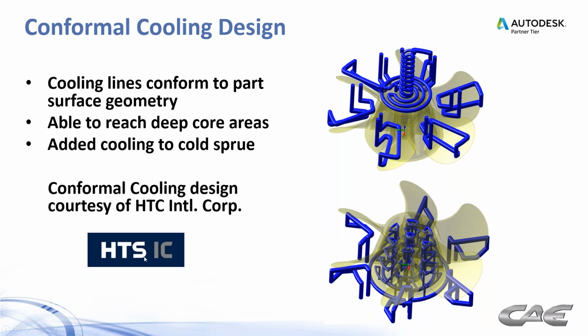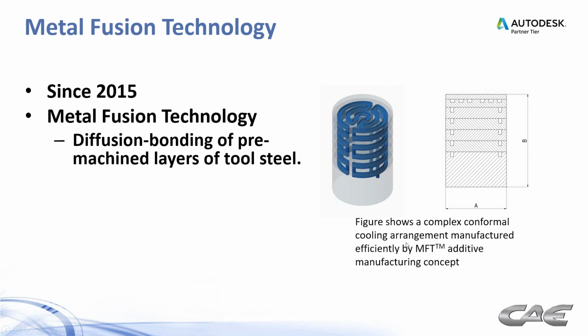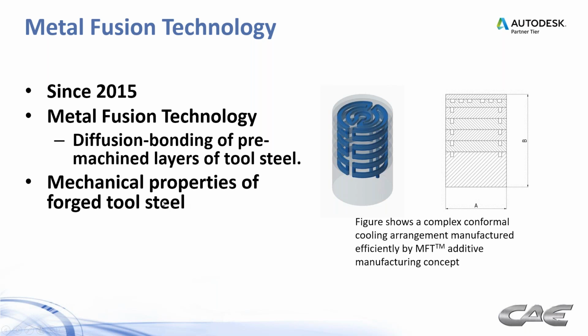This was a design, just a little shout out to HTS for their particular type of conformal cooling. The way they do this shows a complex conformal cooling arrangement. They've been around since 2015. It's called metal fusion technology. They do diffusion bonding of pre-machined layers of tool steel, which is good because it's got the mechanical properties of forged tool steel.